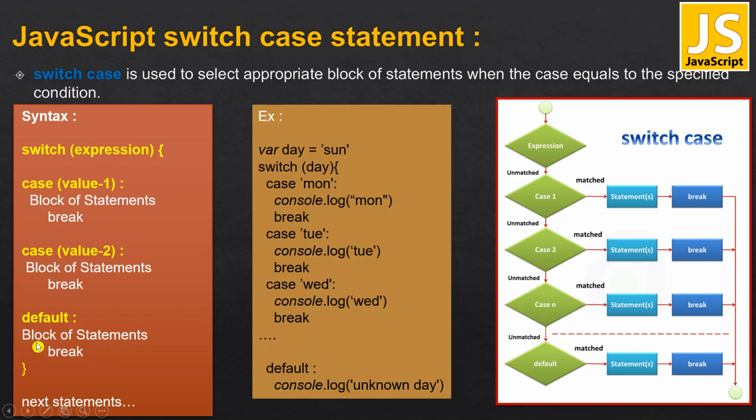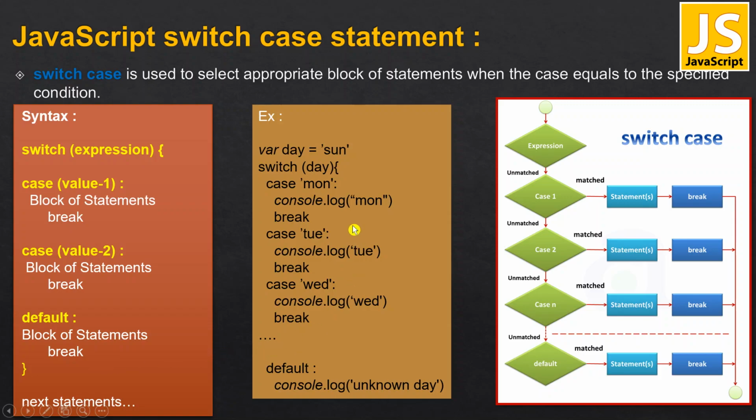The default case executes when all the values are false, that means unmatched. If the expression value does not match any case value, then this default block of statements will be executed, right?